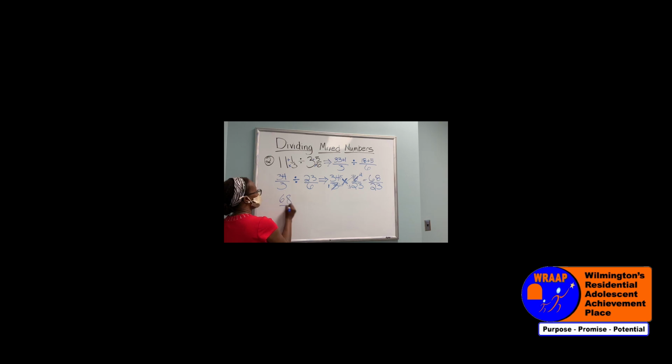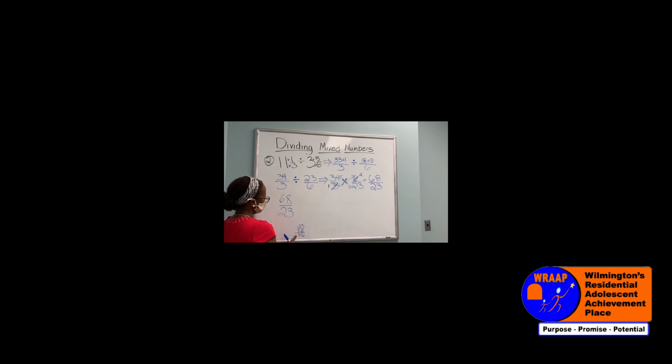So 68 over 23. I'm going to say, how many times does 23 go into 68? I don't know. So I'm going to start doing multiplication at the bottom here. I know it goes in at least one time because 68 is greater than 23. But let me see about 23 times 2. That's going to be 3 times 2 is 6, and 2 times 2 is 4.